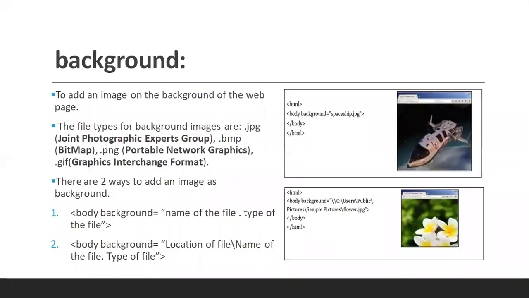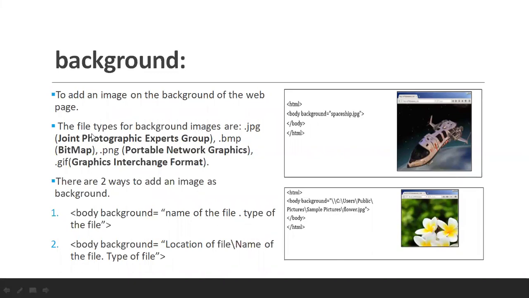Now moving ahead, we have background as an attribute. As I've explained, background helps you to add an image on the background of the web page. The background image will flow throughout your body. There are two ways to include an image.